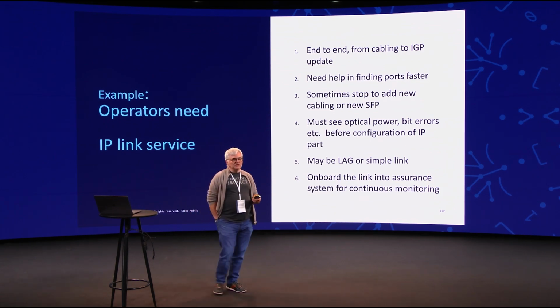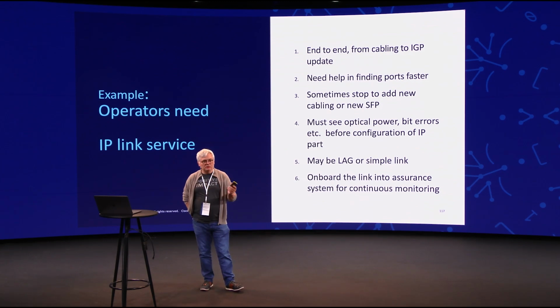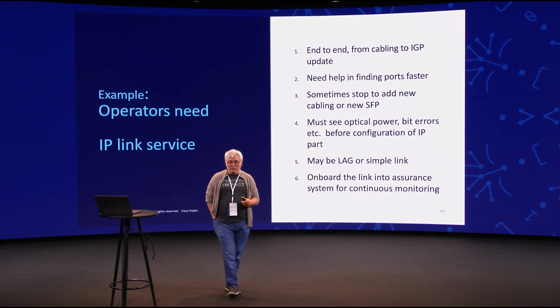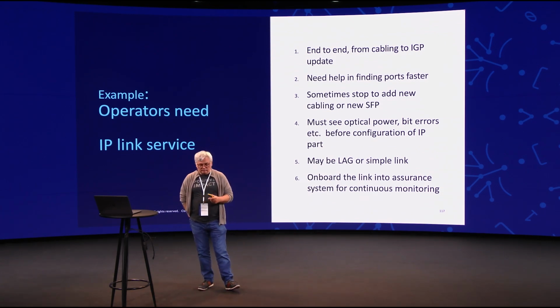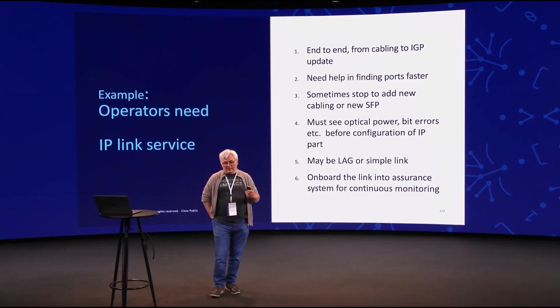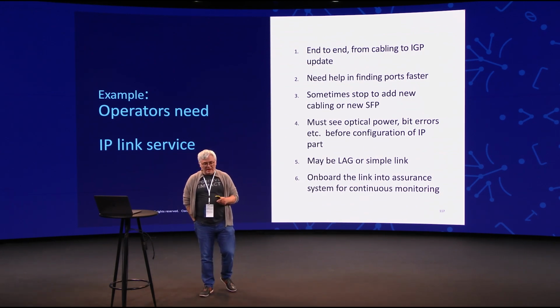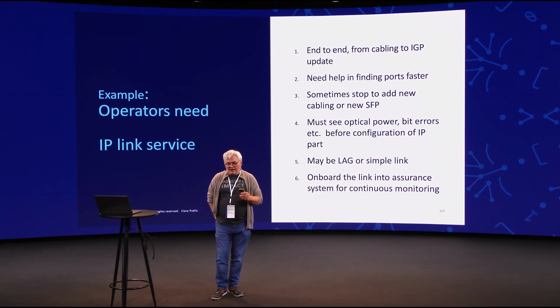And I have issues today in finding which ports to use, which are the free ports, and so on. And I would need help there. And sometimes I have to stop and cable something or get an SFP, and that takes time.